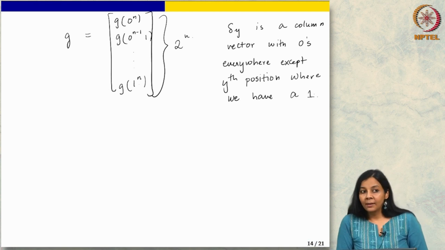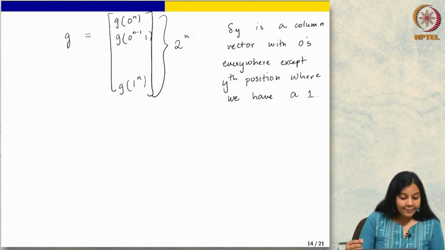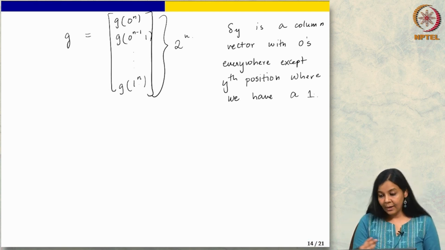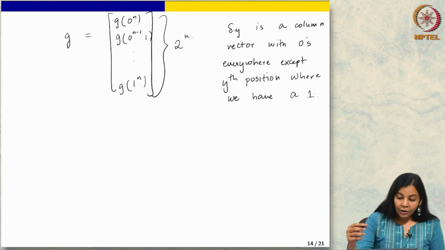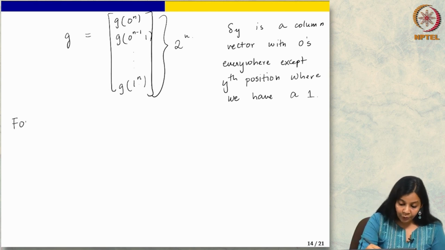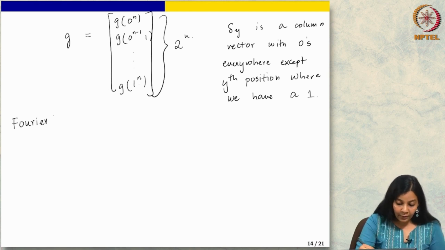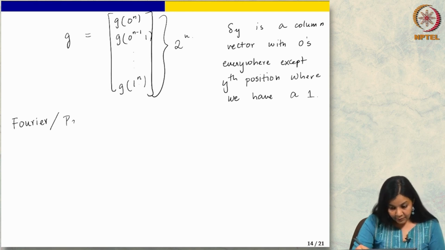Okay, so far so good. So now let us move to what we're hoping to achieve, which is a change of basis, right. So for that I have to first of all define the basis.